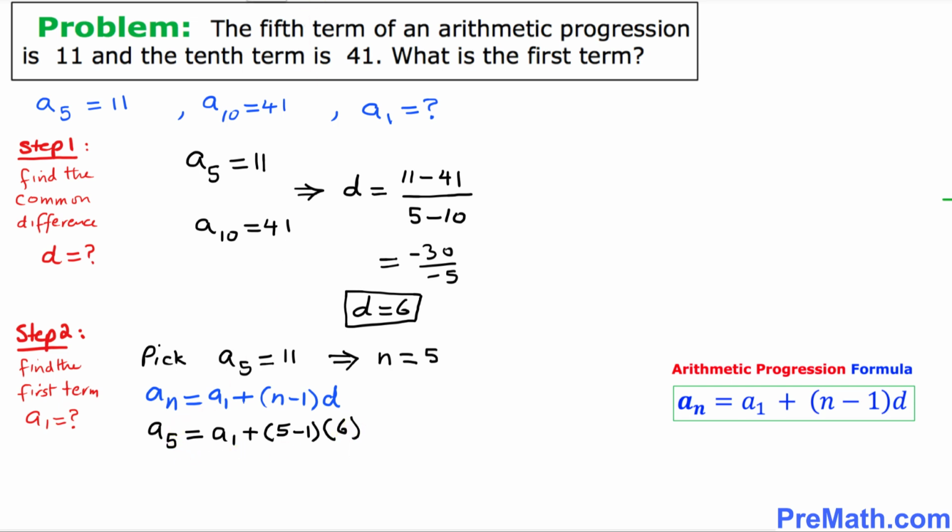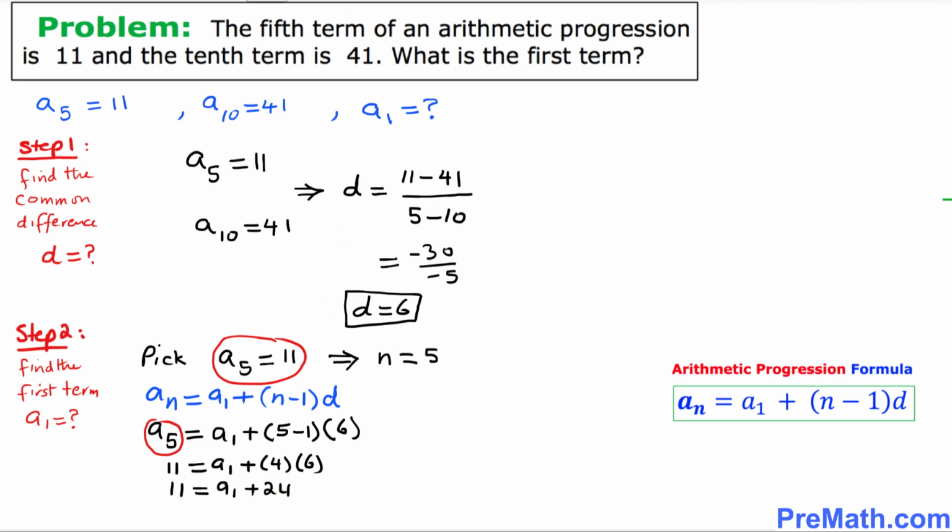We know that a of 5 equal to, right up here, 11. You can see that one. So I can write 11 equals a of 1 plus, this simply becomes 4 times 6. Let's simplify furthermore. 11 equal to a of 1 plus 24.